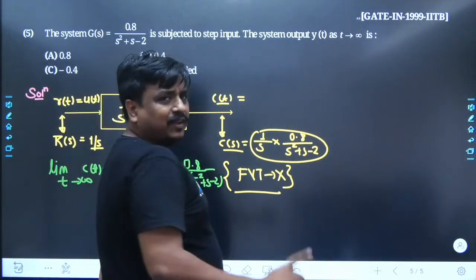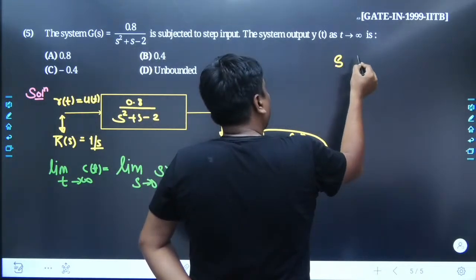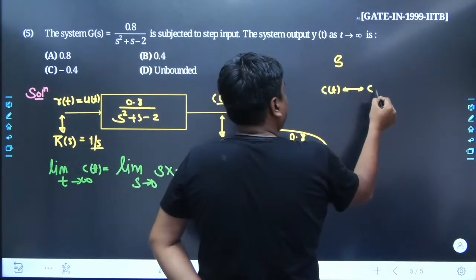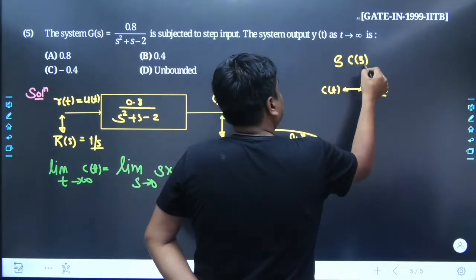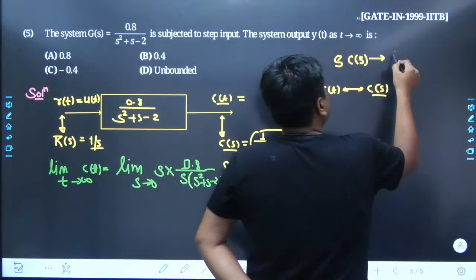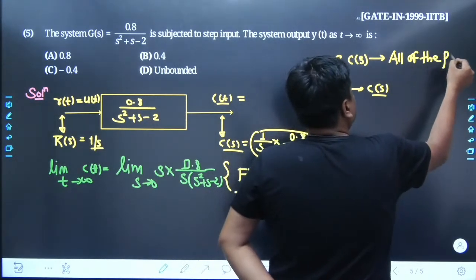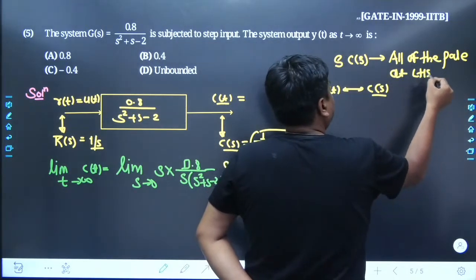May you know what is the validity of the final value theorem? The final value theorem can be applied over time domain c(t) only and only if s times C(s) has all of the poles at the left hand side of the s plane.